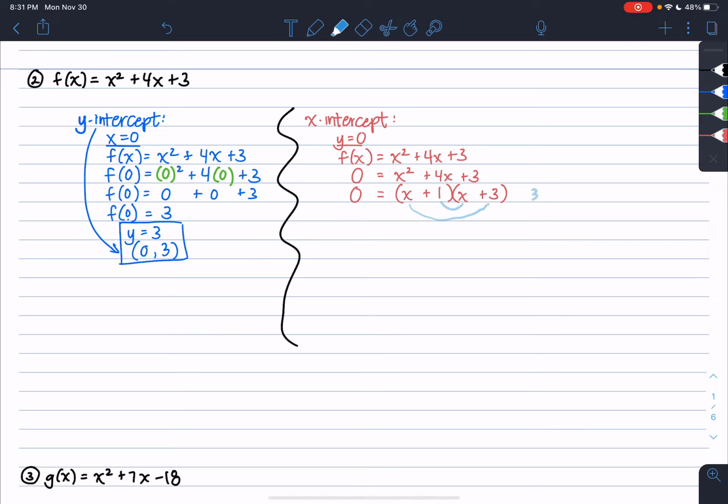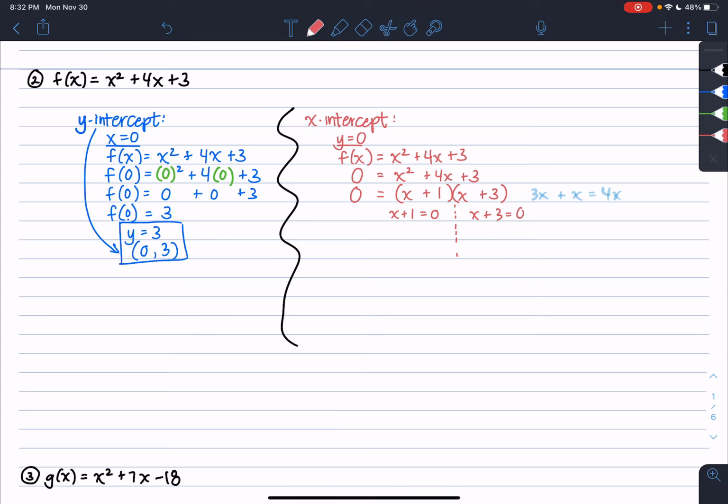So we get 3x plus x equals 4x, which is exactly what we have there, meaning we factored correctly. Awesome. Okay, so once we factor, now we can use ZPP, set each factor equal to 0. So I get x plus 1 equals 0 on the left, and I get x plus 3 equals 0 on the right.